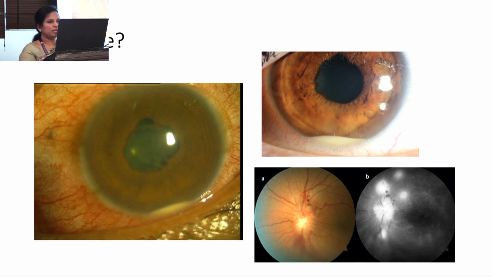So that was a case of HLA-B27 associated anterior uveitis with hypopyon. In the second case, again presenting with a hypopyon, on seeing the fundus, there is disc edema, retinitis lesions, and vasculitis. So that was a hypopyon uveitis associated with Behçet's.